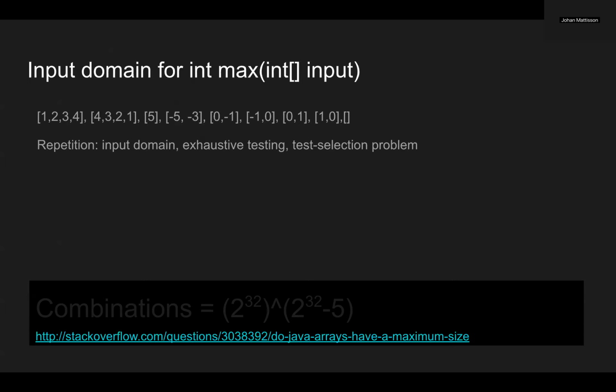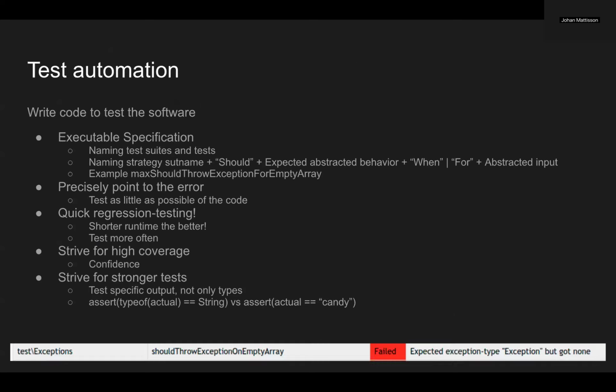It would be exceptionally difficult to test all the combinations, so we can't do exhaustive testing for these kinds of things. There is no really good way of doing it because it would take way too long.